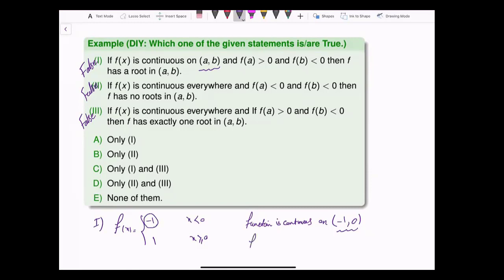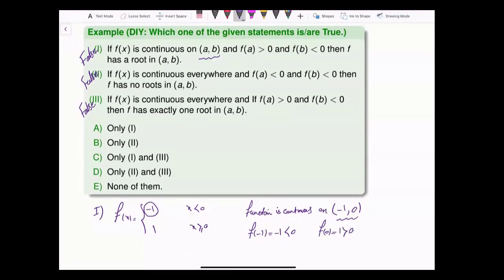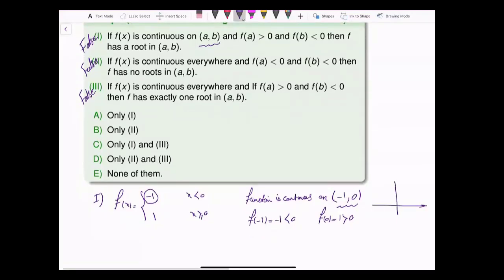And f of -1 is -1, which is negative. f of 0 is 1, which is positive. But this function is never 0. It's either 1 or -1. Indeed, if you look at the graph of this function, it never intersects the x-axis. So that means that this statement is wrong. That's a counterexample for the first statement.